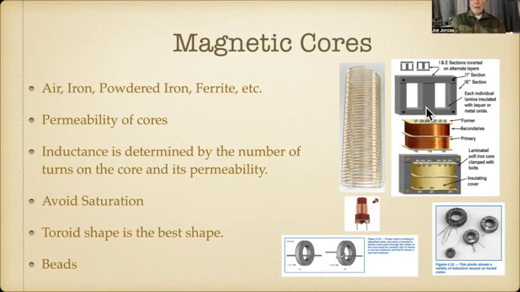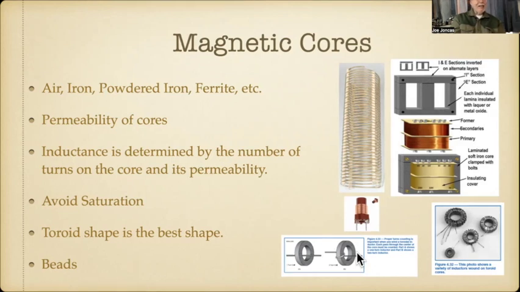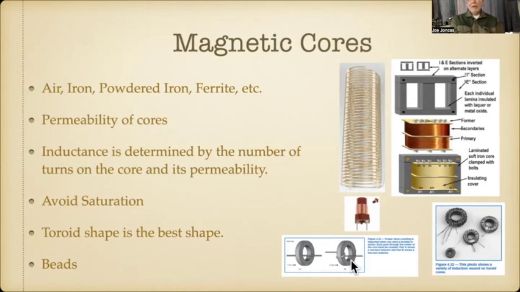Okay, and the one thing you want to avoid is saturation. Each of these cores will saturate if too strong a magnetic field is put into it. That's why if you're using these things for a balun for your antenna, which is likely something you will do, if this core is good for 100 watts and you try to run 1500 watts through it, that'll saturate the core.